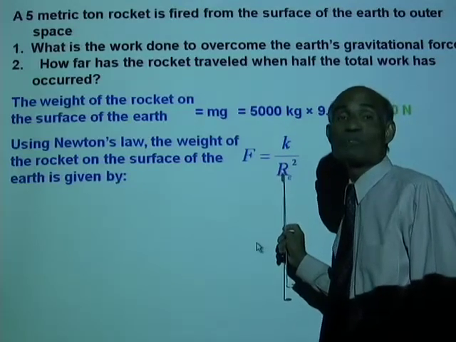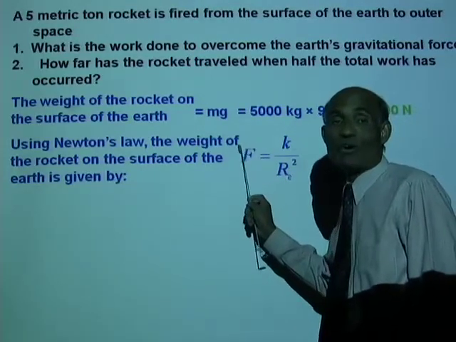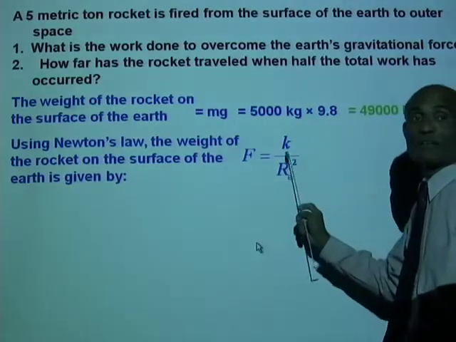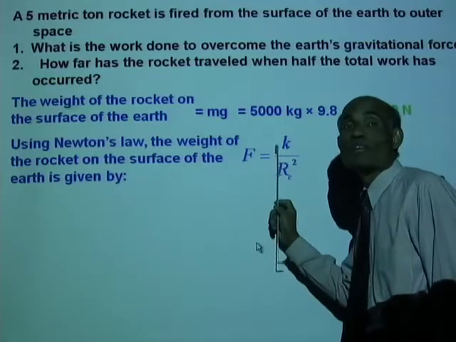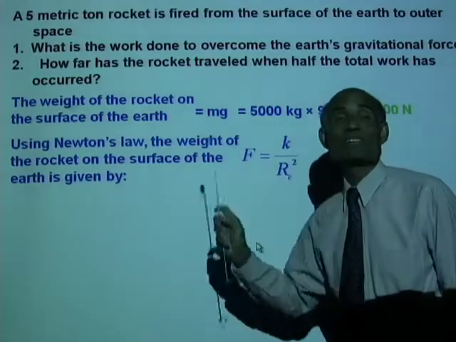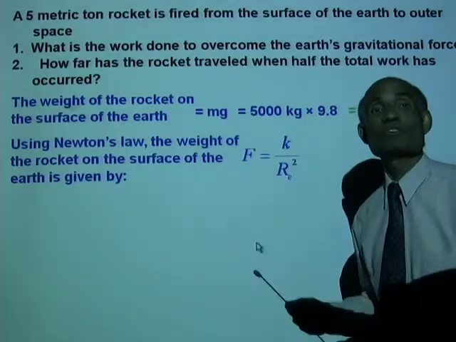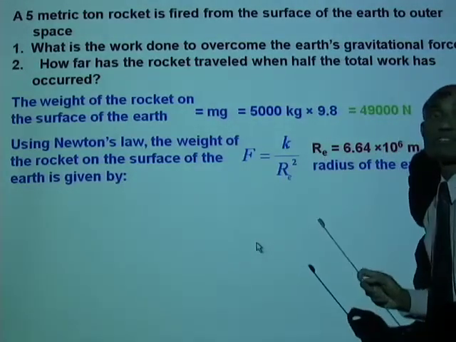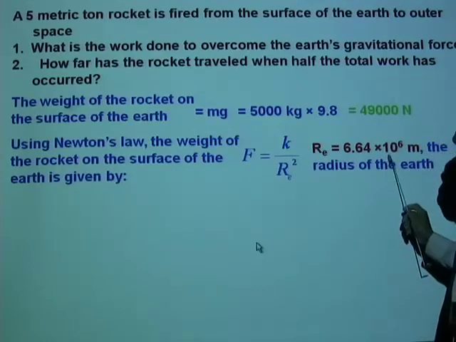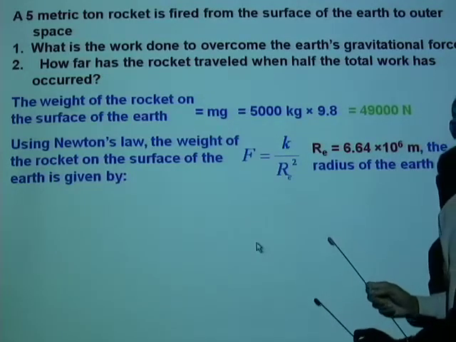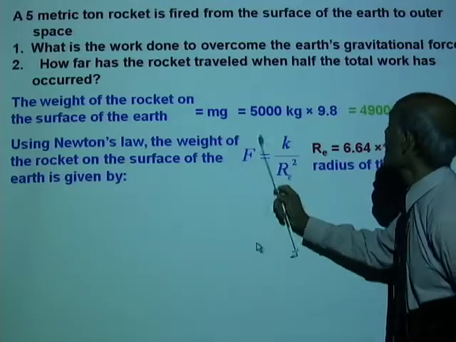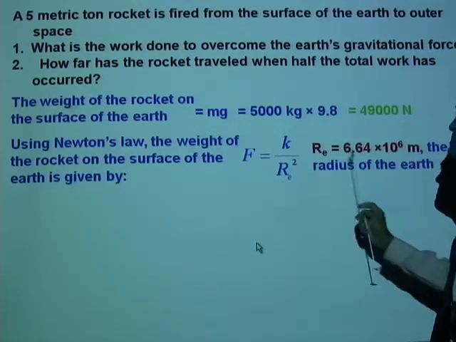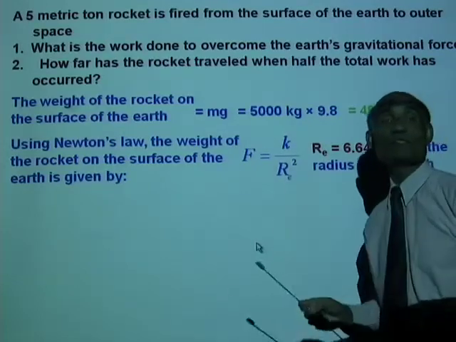And you know the value of the radius of the Earth. Now, we know the weight of the rocket on the surface of the Earth and the radius of the Earth. Therefore, we can calculate that k. That is the first thing to do in this problem. The radius of the Earth, you know, is 6.64 times 10 to the power of 6 meter. Using F equal to 49,000 Newton and r_e equal to this value, we can find the value of k.